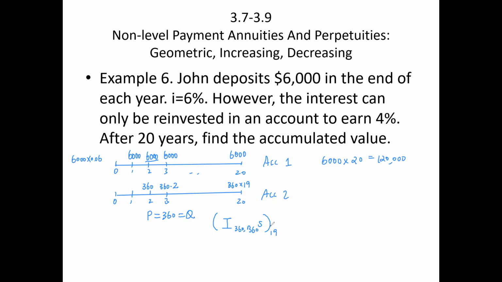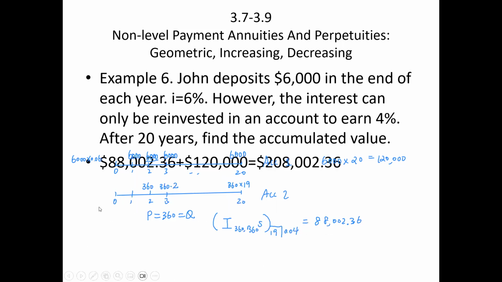And angle, the interest rate 0.04. We calculate it out. It's 88,002.36. And you add them up, and the answer will be $208,002.36.